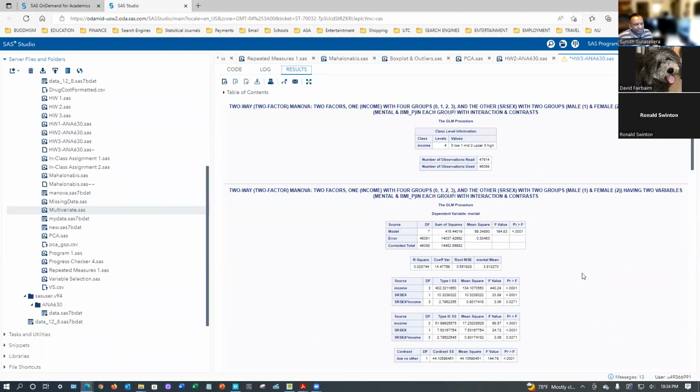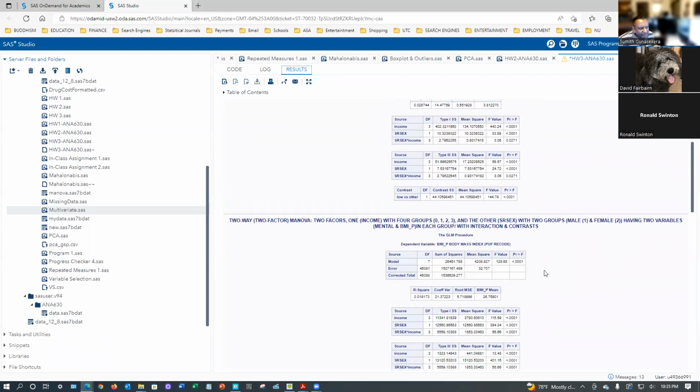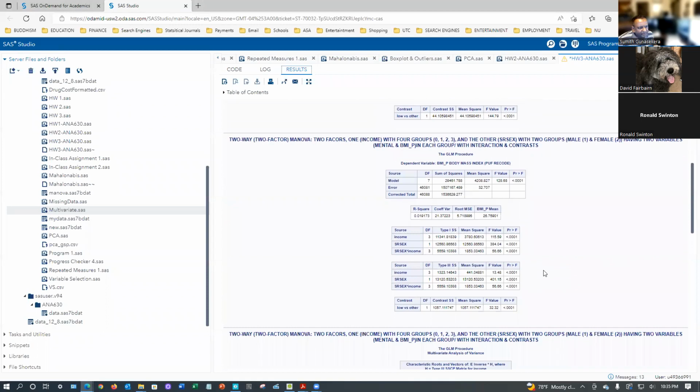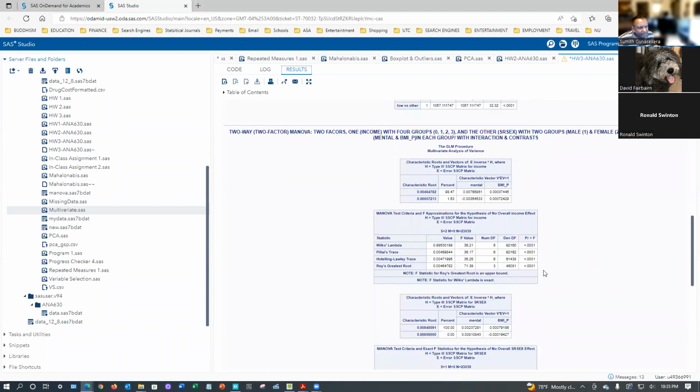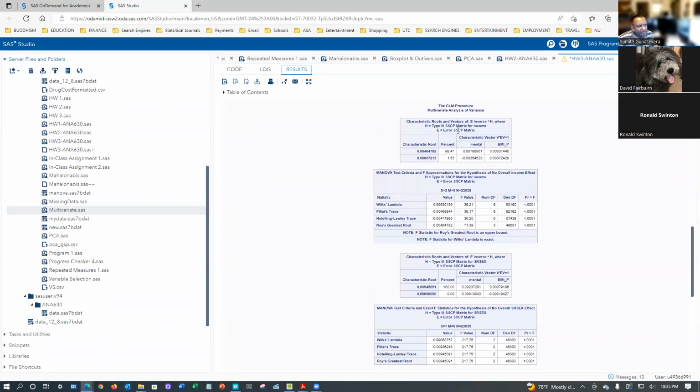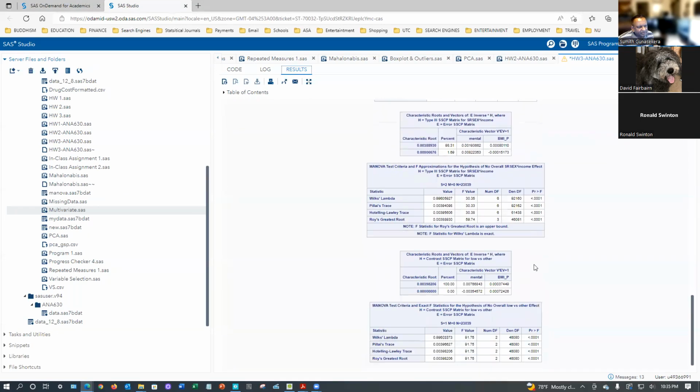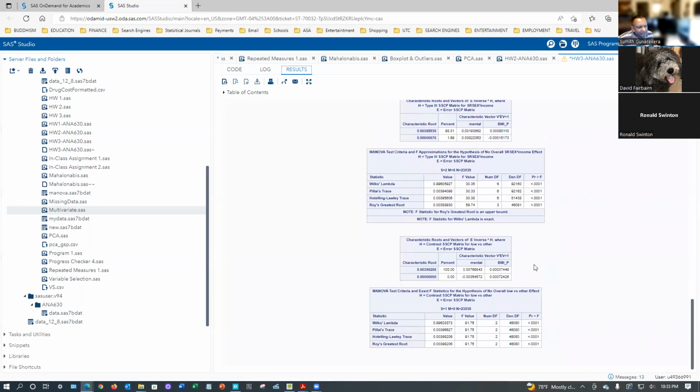Let's say that there's the contrast part. Looking for the contrast. Do you see that? No. This is for the interaction term.